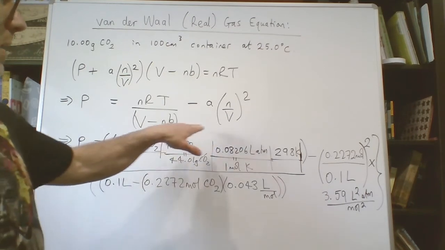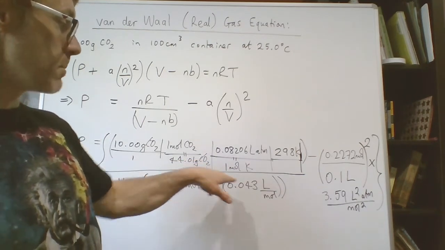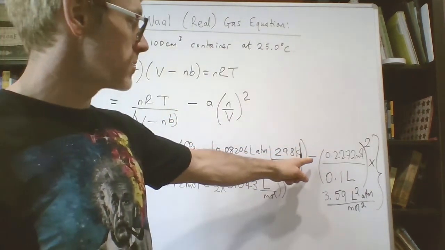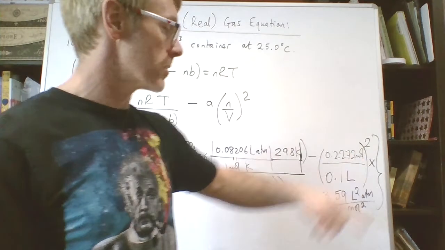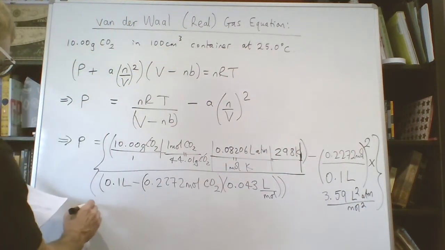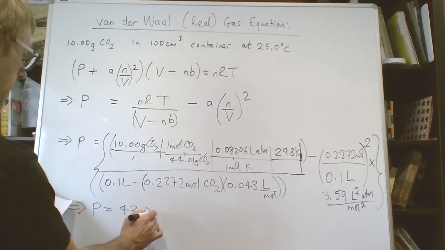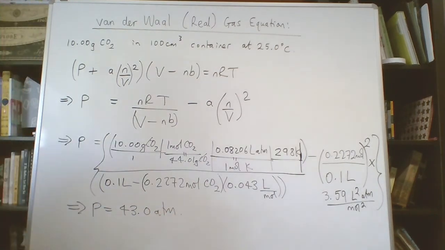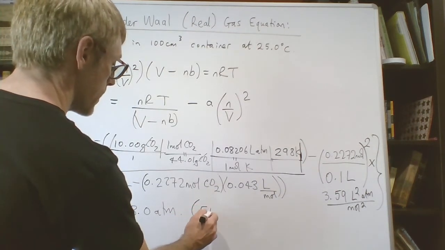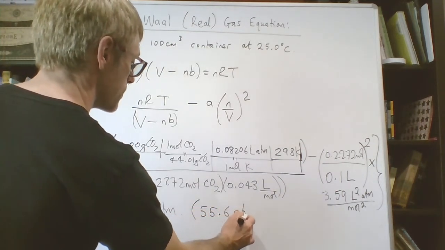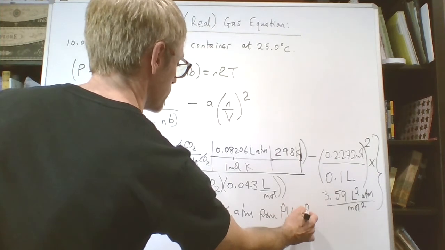We have nRT divided by V minus nb, and then we have subtracted this term here, a multiplied by n over V squared. If you plug everything in, it will give you pressure is equal to 43 atmospheres. Recall from the previous slide that we had 55.6 atmospheres when we used PV equals nRT.